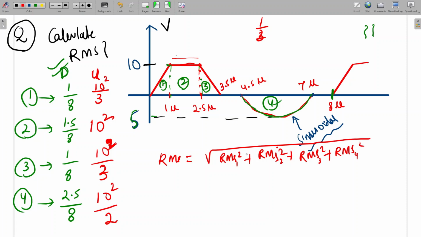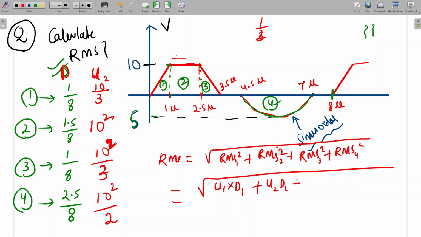RMS is the square root of U into D. D is here, U is here. So if we square it, we can write U into D as U1 into D1 plus U2 into D2 plus U3 into D3 plus U4 into D4. Is it clear?